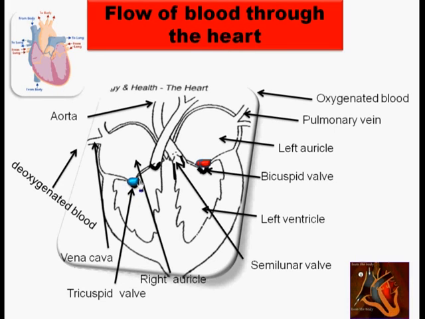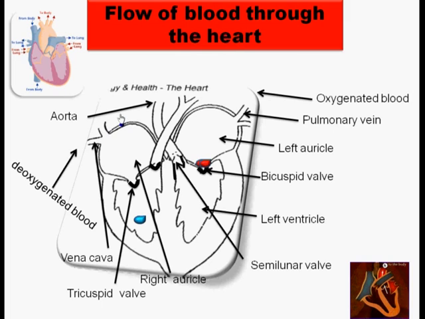Now, at this moment, it is going to open to release the what? Blood, which the ventricle now will receive at this time. Notice what happens. Good. It opens to receive the blood. Now it's going to close again to prevent the backflow of what? Blood.